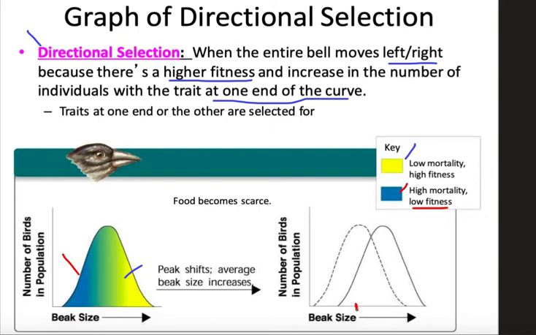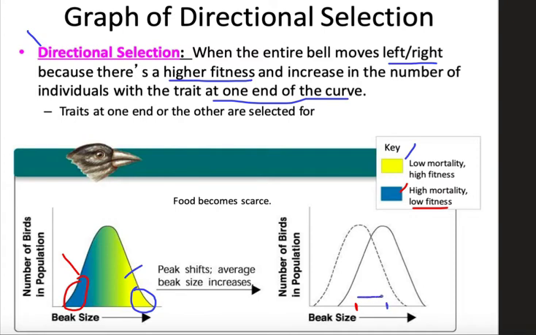And so if at time 1 the curve had an average rate here at this red mark, what would be happening is the birds with low fitness are going to start to die. Their genes are going to decrease in the population. The birds with bigger beaks here are going to have a higher fitness.